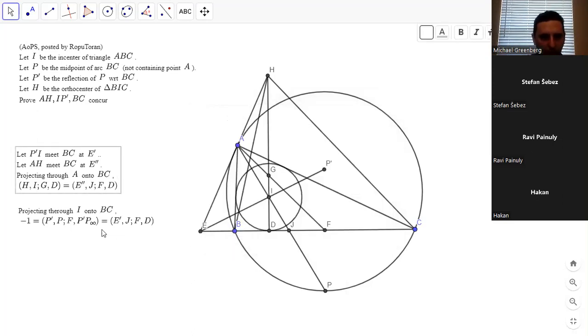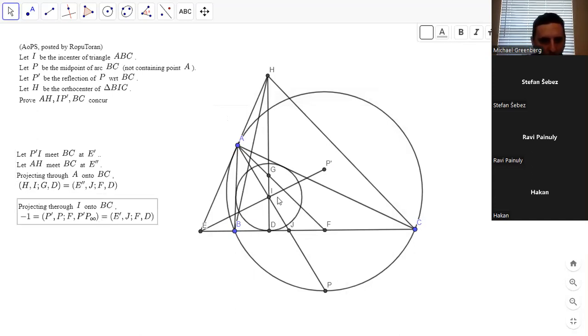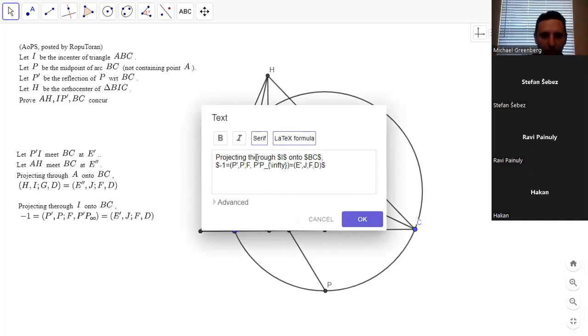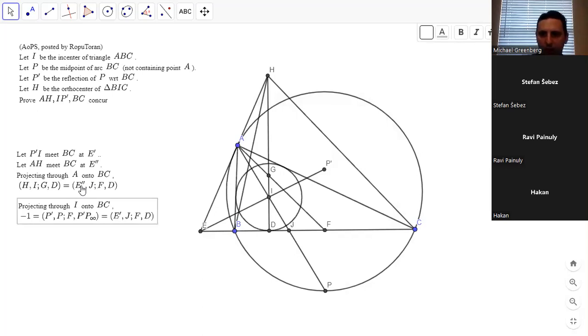This should have 1 prime. Is that right? E prime JFD. And okay. And then you're saying by the Iran lemma, this first one is -1 because, so HIGD is -1 by the Iran lemma.